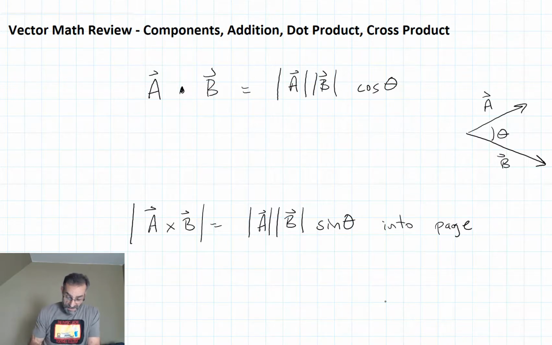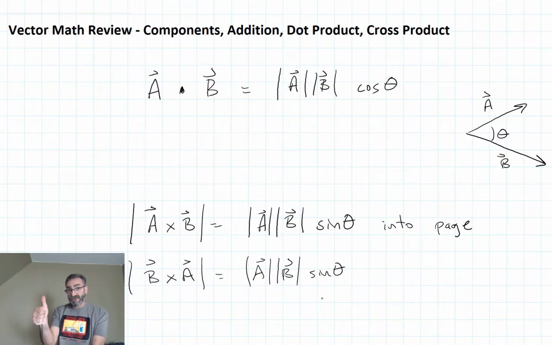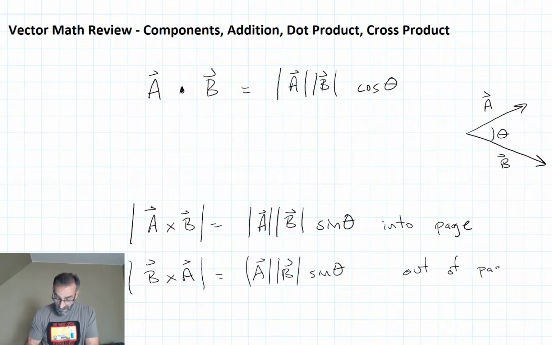If we reverse this, we would get the exact same magnitude for the cross product, but the direction would be opposite. My fingers would go toward B and rotate toward A, and my thumb would have to point out of the page in order to make that work.